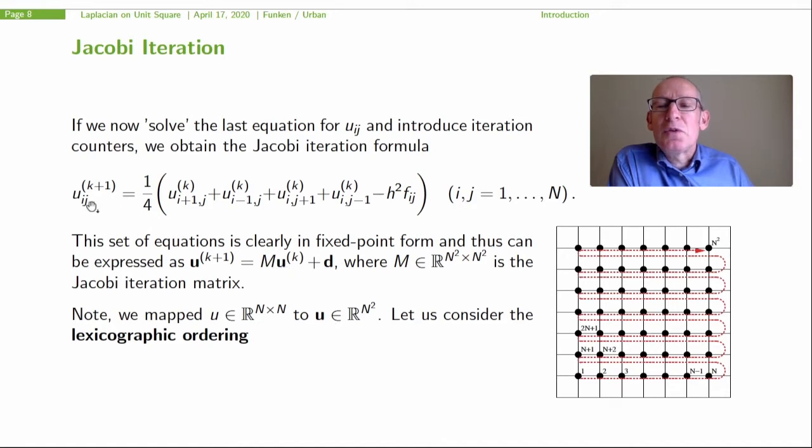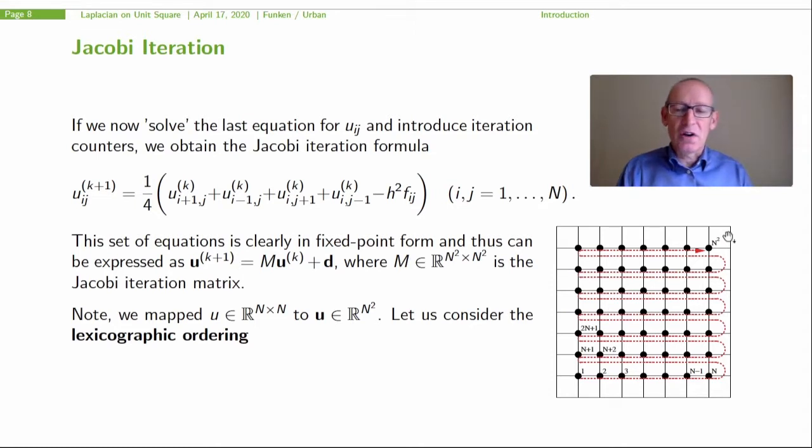That means we have to map this grid function with the indices ij to some vector with indices from 1 up to n squared. So the natural ordering will be the lexicographic, where you always count from left to right, from the lower to the upper row, which gives n squared indices.